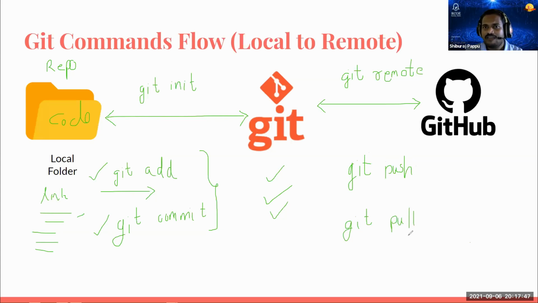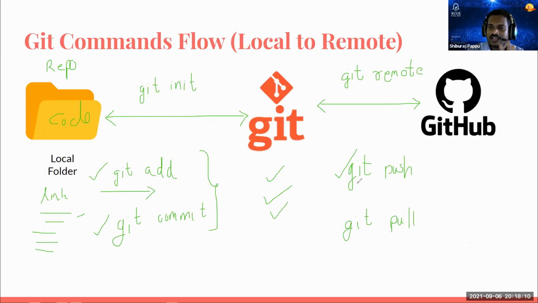And can anybody guess what git pull must be doing? Taking the code from the repository of the GitHub. Yes, it will download the changes from GitHub to your local system. Whenever you make changes and you are ready to upload your code to GitHub, you have to do git push.